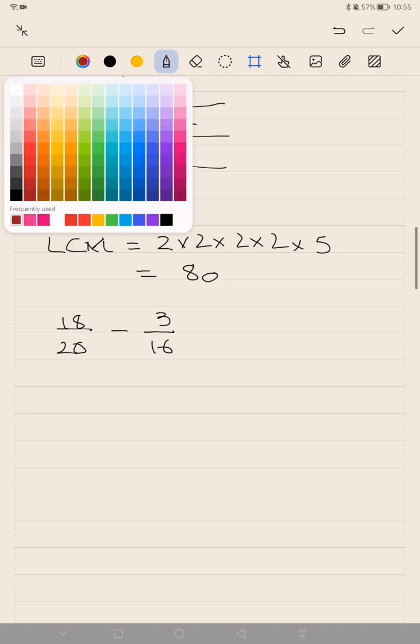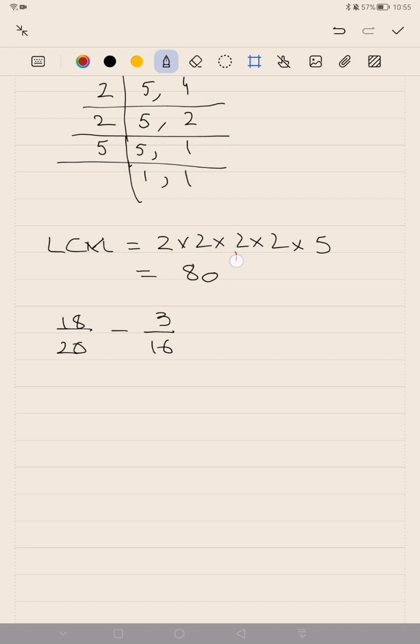Look at these factors of 20: 2 into 2 into 5 makes it 20. What are we left with? 2 and 2, that makes it 4. So I'm going to multiply 20 by 4 to make it 80. And as a rule of fractions, I'm going to multiply the numerator 18 also by 4.